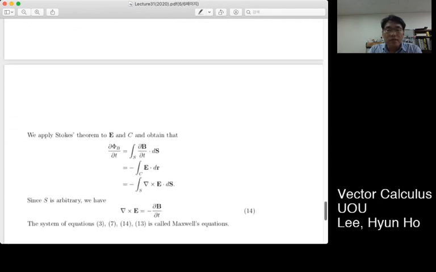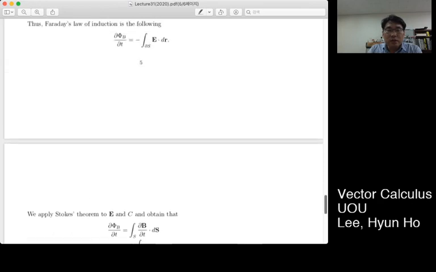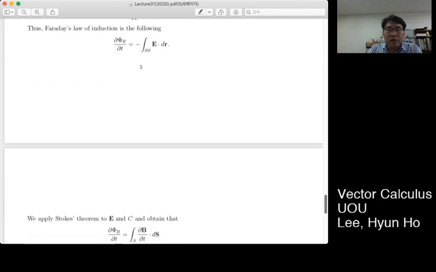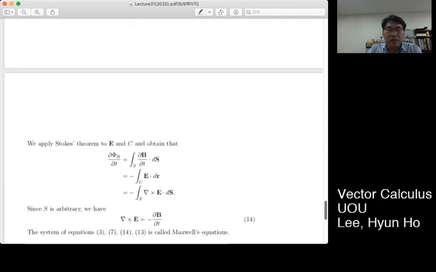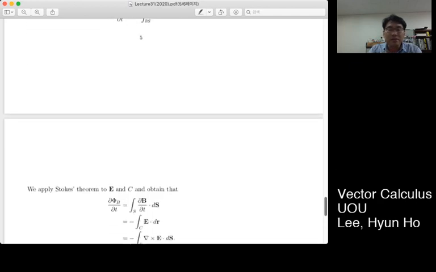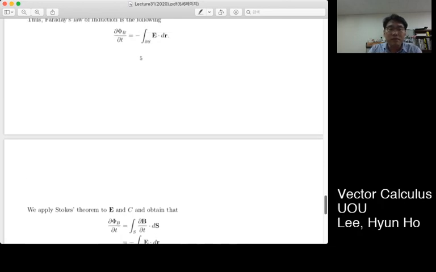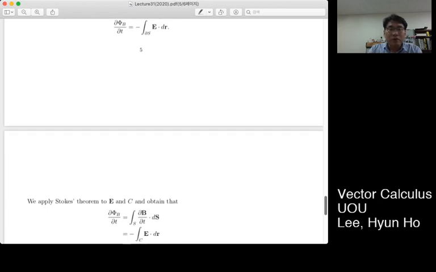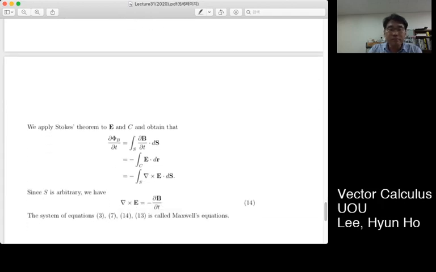So the left hand side is the surface integral of this vector field B throughout S. We can move this time derivative inside of the integral, and the right hand side is equal to the minus E dot dr.